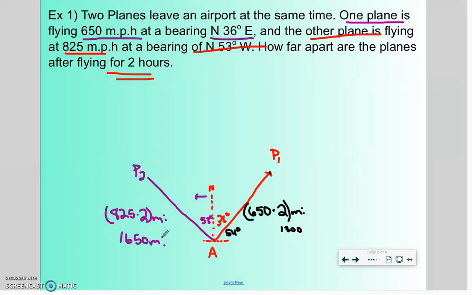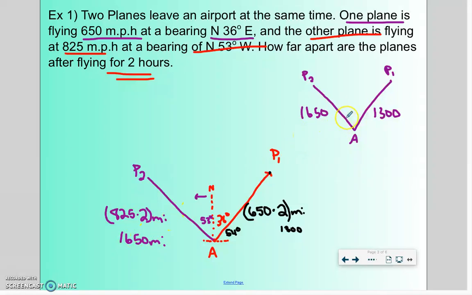Currently we're sitting at a side length, so I'm going to draw another picture here. I'm going to go P2, P1, so plane 2, plane 1, and then the airport. I know that this distance here is 1,300, and that this distance is 1,650 because of the calculations we just made.